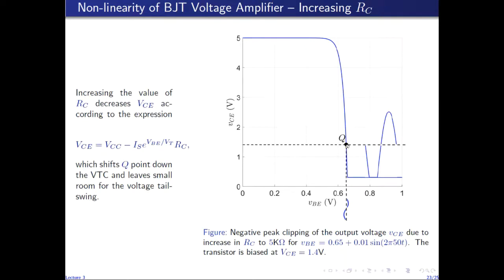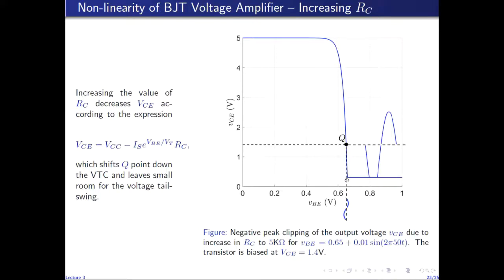The output DC voltage has been reduced, which does not leave a lot of room for the output voltage tail swing, meaning that as the output voltage swings in the negative direction, then for some instantaneous values of the output voltage, the transistor enters the saturation mode.